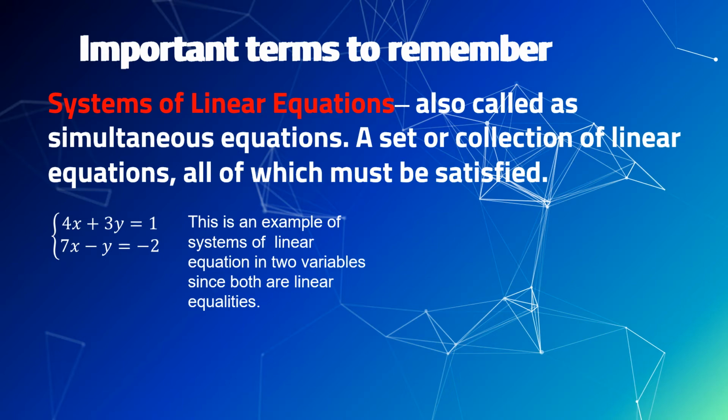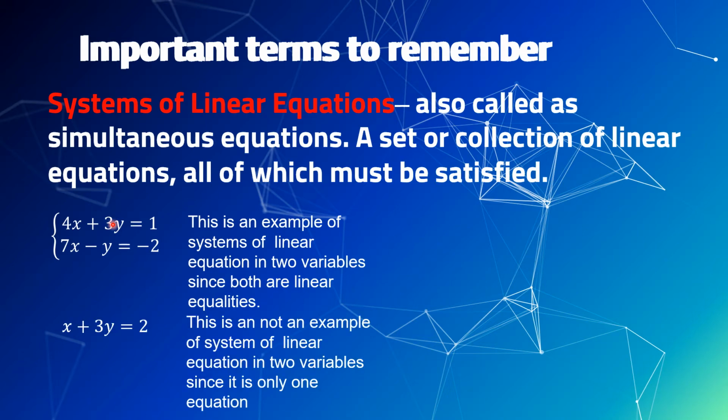As you can see, this one is a linear equation, this one is also a linear equation. So this one has two variables and this one has two variables. And these two equations are also called simultaneous equations.